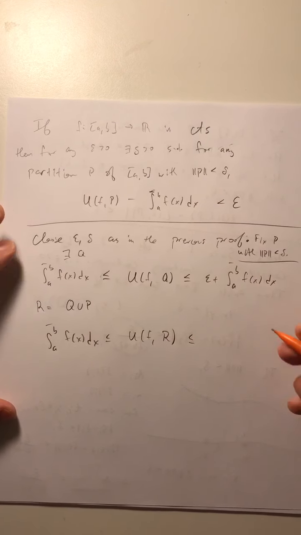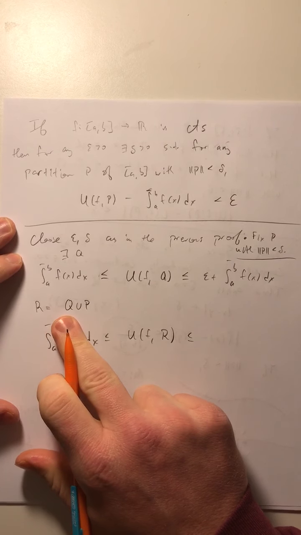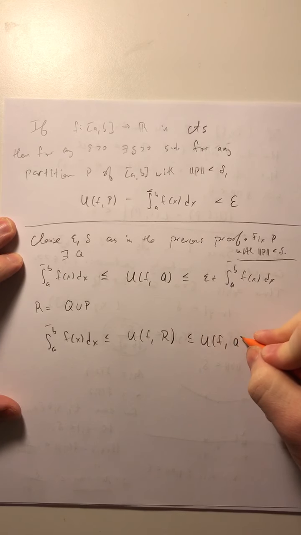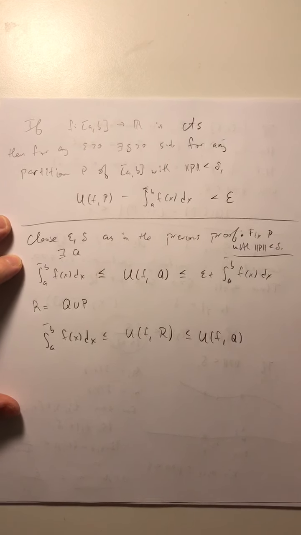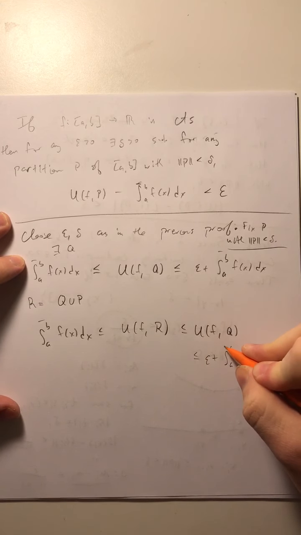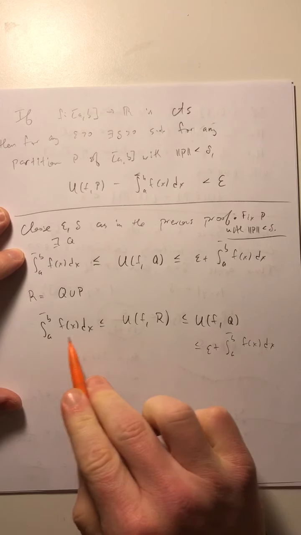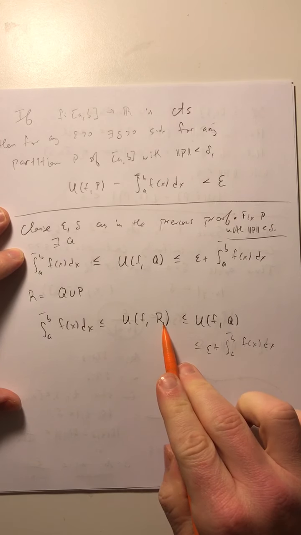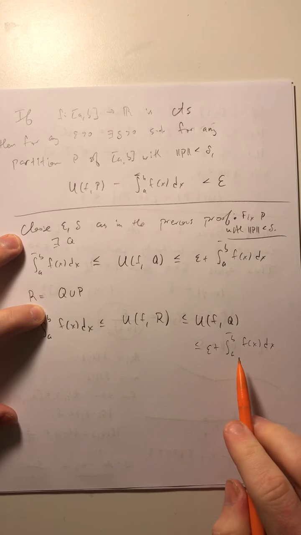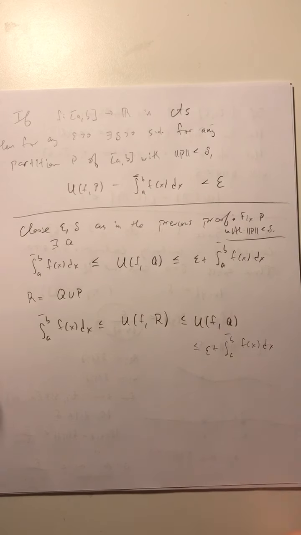And as we said in last lecture, R is a refinement of Q, because it contains every point in Q. If I refine a partition, the upper sum can only decrease, and we proved that in the last lecture. So I have epsilon plus the integral from a to b of f of x dx. So this upper sum with respect to the partition R still satisfies these two inequalities, and now R also contains all the points of P.